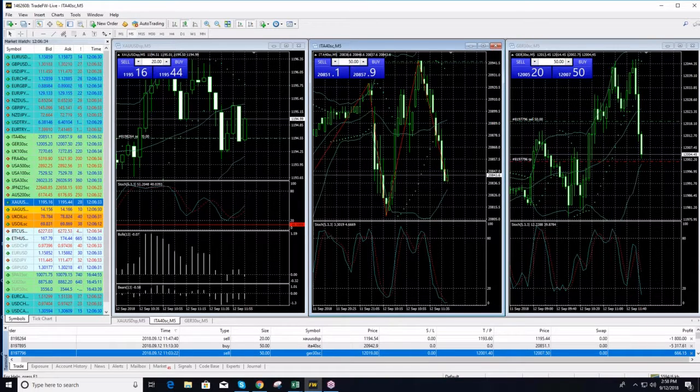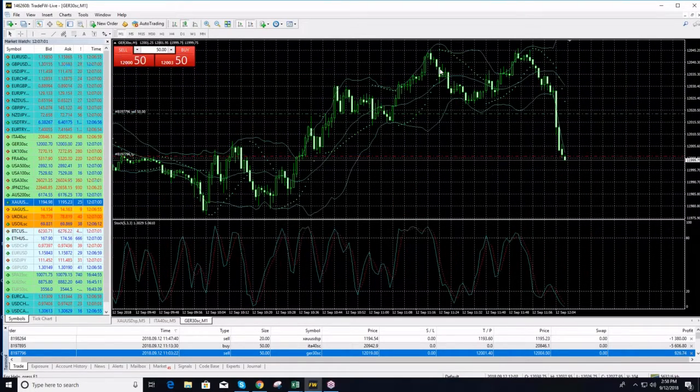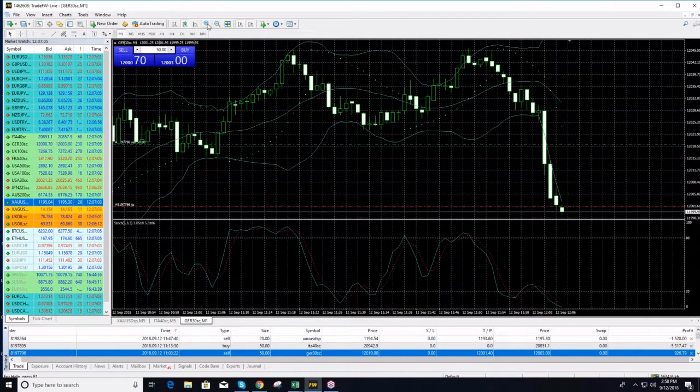I will still leave this trade to run because I see this trend will still continue. I don't see a reversal yet. Here we go, $800. $900, and we are almost there, guys.